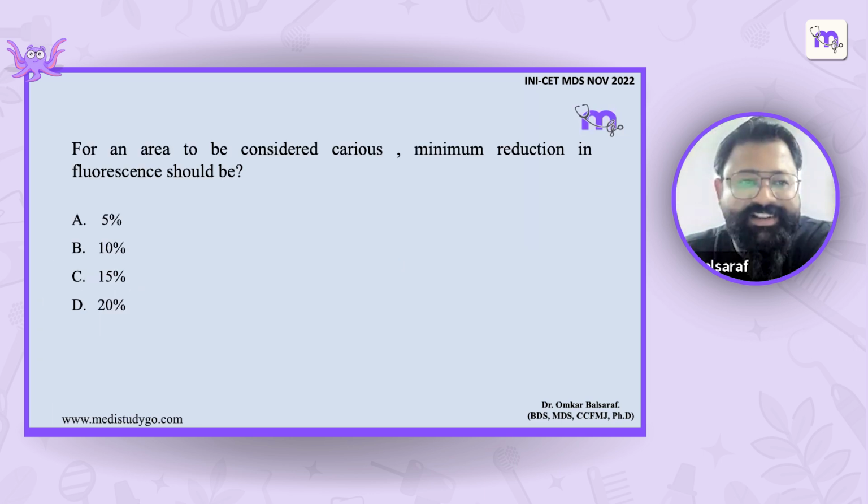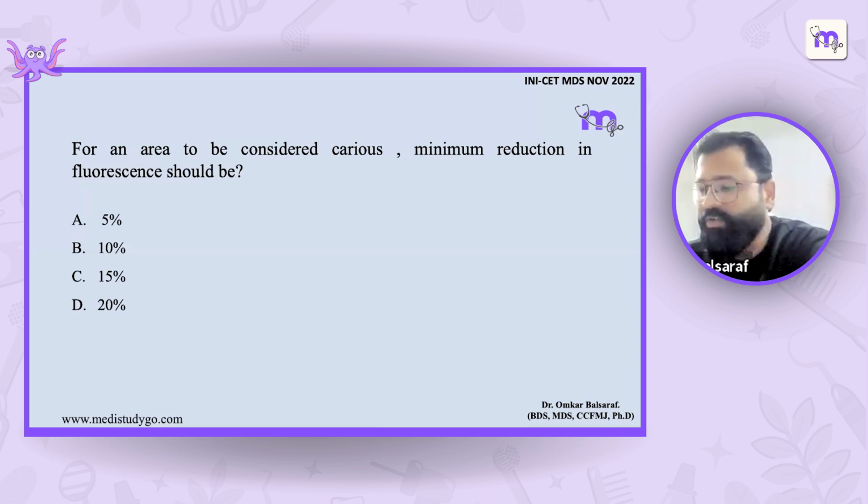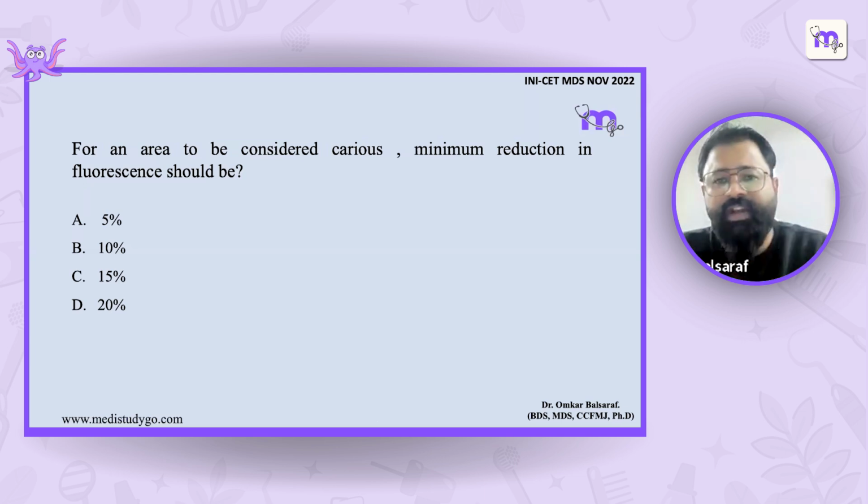Great. For an area to be considered carious, the minimum reduction in fluorescence should be: option A 5%, option B 10%, option C 15%, option D 20%. Now the question is, if you have a carious lesion, there is definitely a reduction in fluorescence.